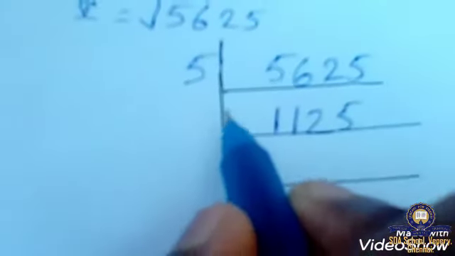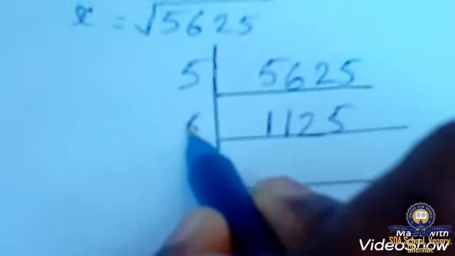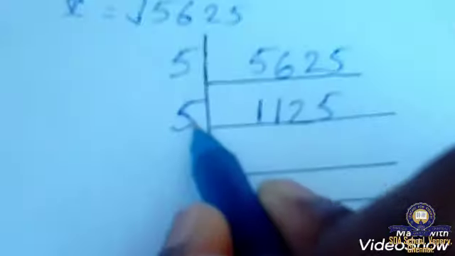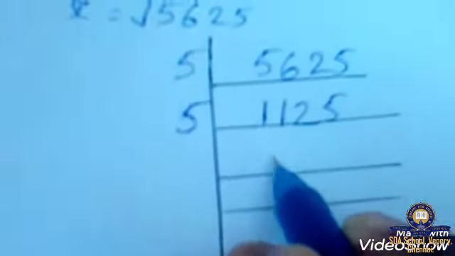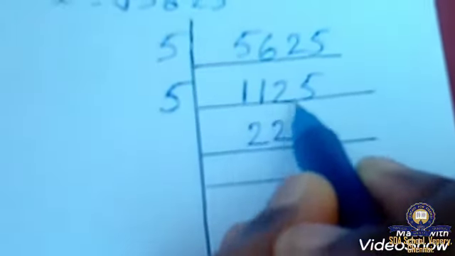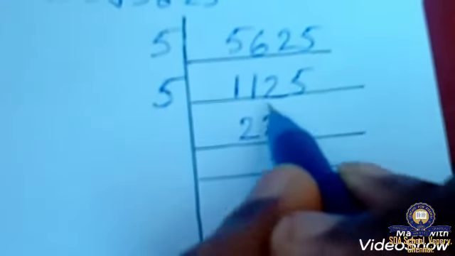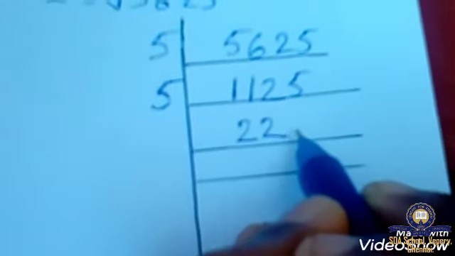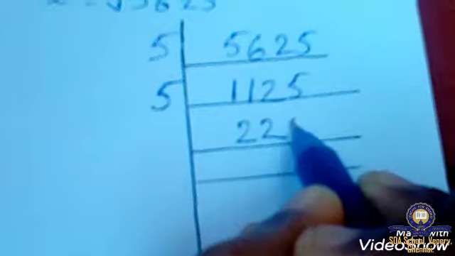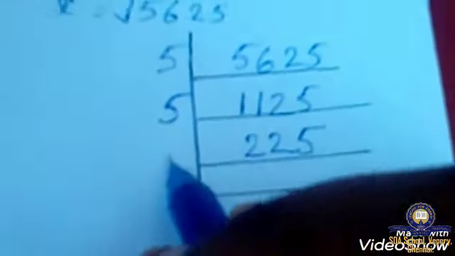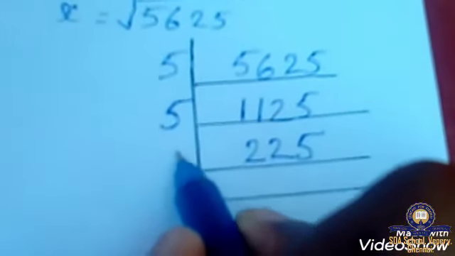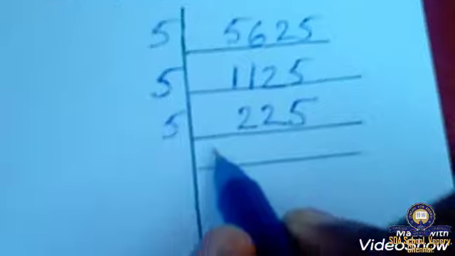Since it is divisible by 5, we get 25 again. 25 is divisible, 5 fives are 25, so it is divisible by 5.